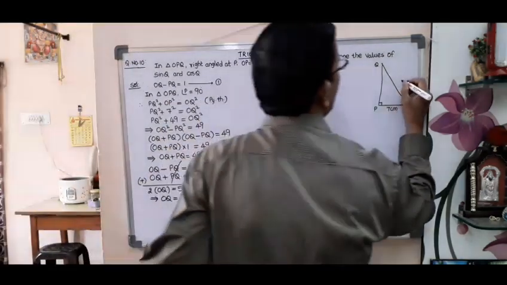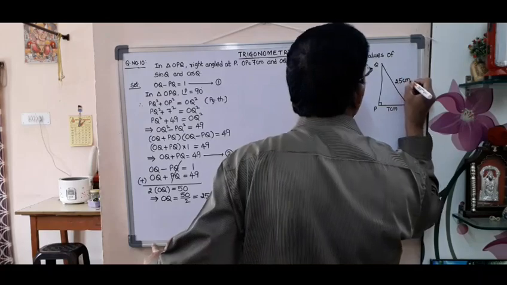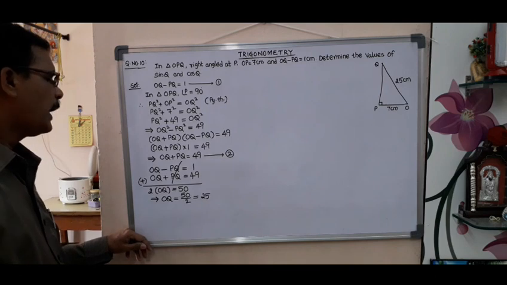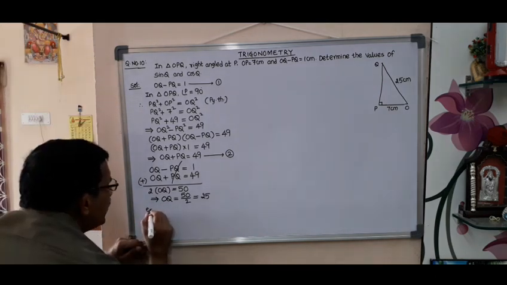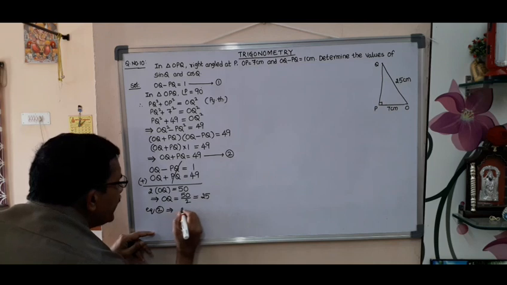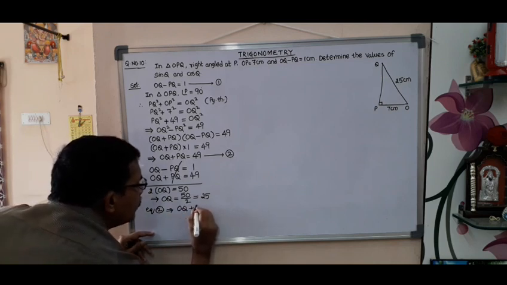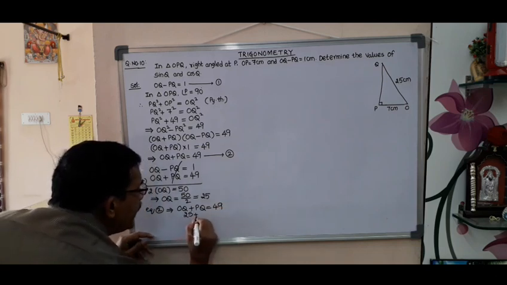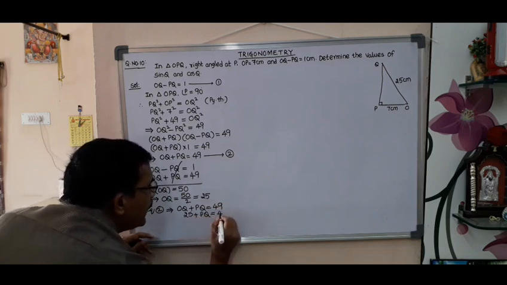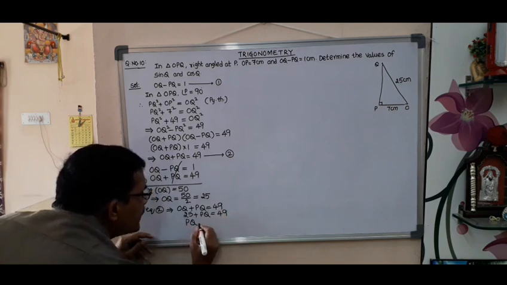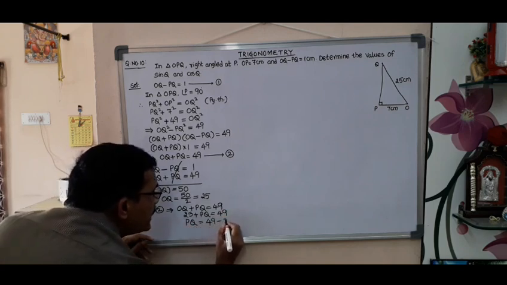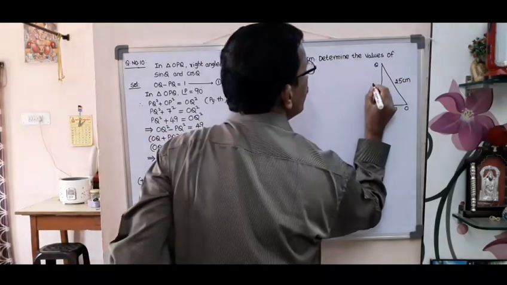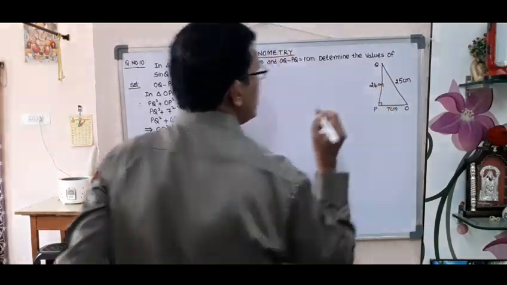So OQ value is 25 centimeters. By writing this OQ value in equation 1 or in equation 2, we will get other side. I am writing it in equation 2. That is OQ plus PQ is equal to 49. 25 plus PQ is equal to 49. PQ is equal to 49 minus 25, which is equal to 24. So this is 24 centimeters.